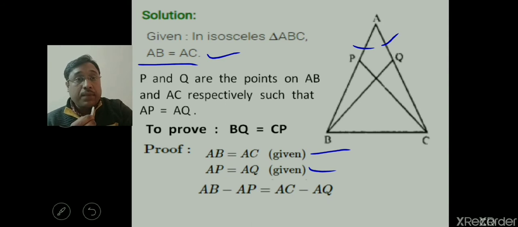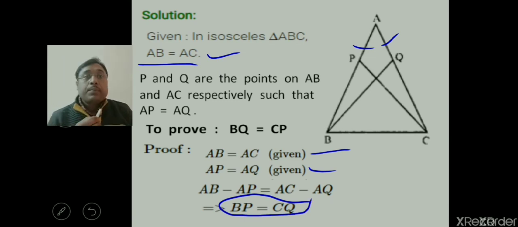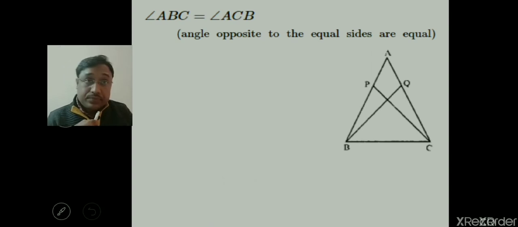So now AB minus AP, you will get BP, and AC minus AQ, by the figure you see the diagram, AC minus AQ is CQ. Then you have got that BP equals CQ. This result you have got here. Then you can say that angle ABC equals angle ACB.